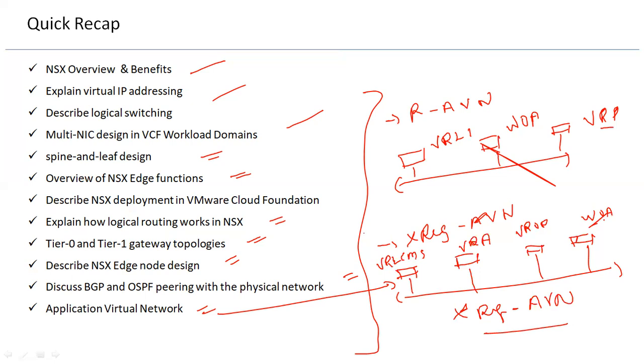Why are these in the cross-region? The reason is that when we deploy multiple VCF instances, like VCF1 and VCF2, this cross-region segment is associated with your T1 router, which is visible across both VCF instances.